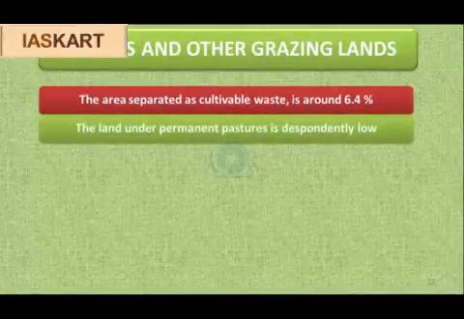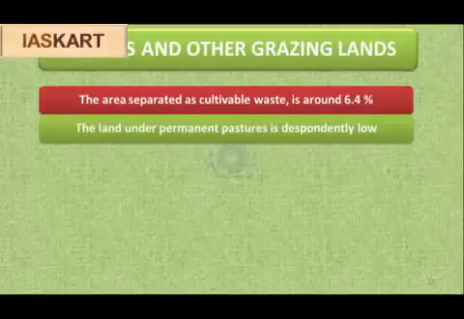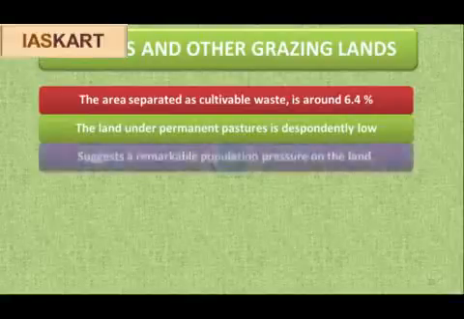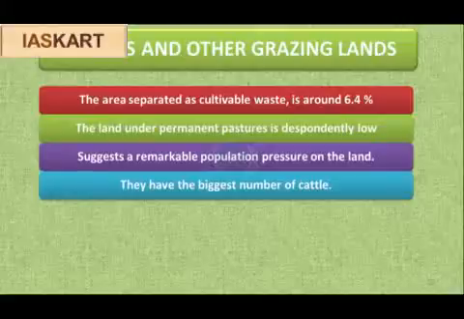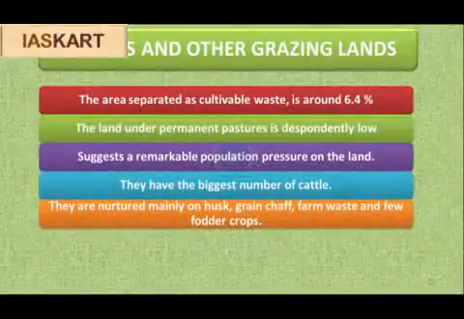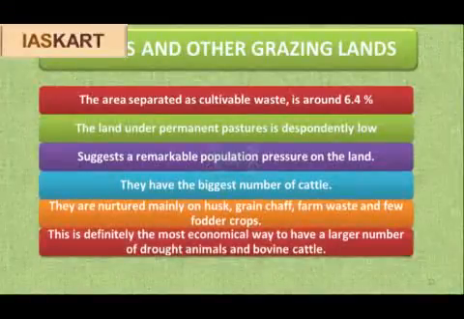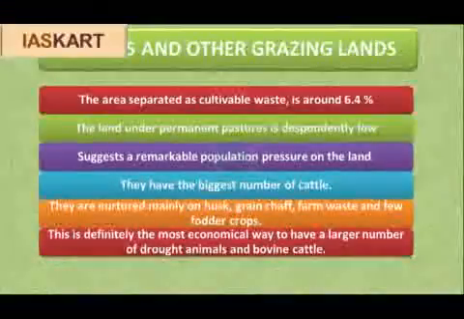The credit also must be given to the farmers, because with such modest land under pastures, they have the biggest number of cattle, and they have been nurtured mainly on husk, grain chaff, farm waste and fodder crops. And this is definitely the most economical way to have a large number of draught animals and bovine cattle.